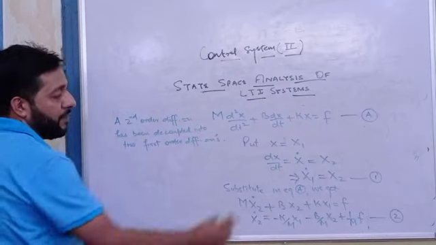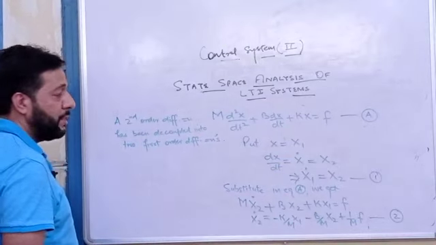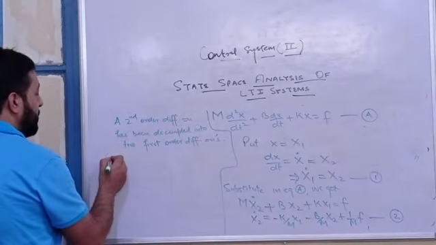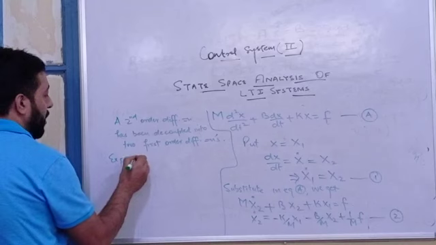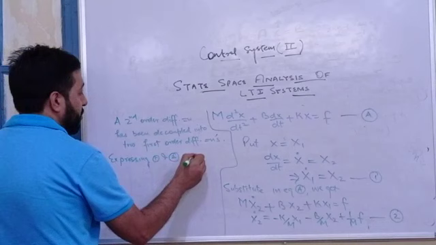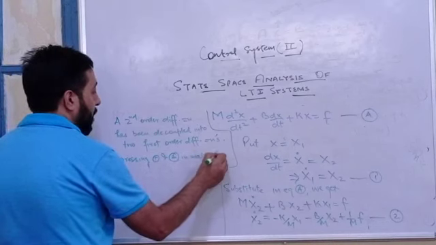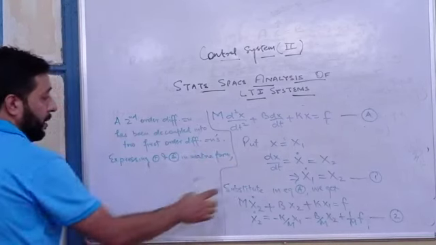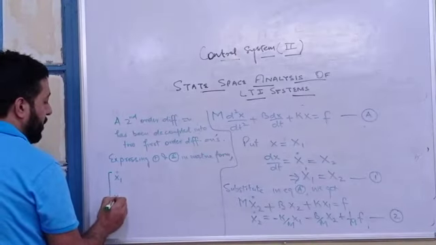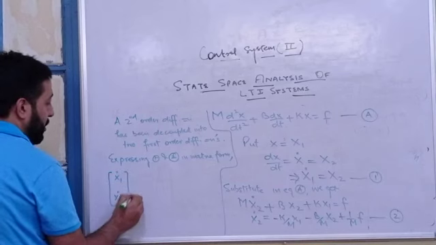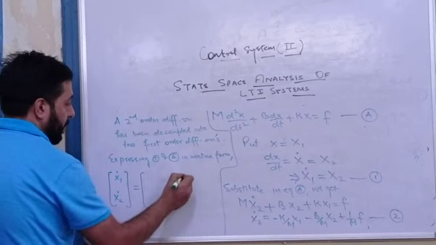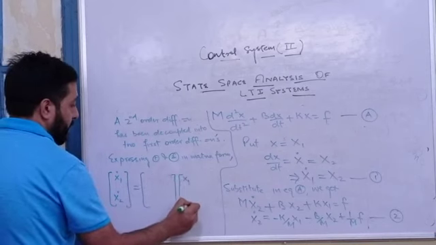Now, if I write these two equations, 1 and 2, in the form of matrices, in matrix format, expressing 1 and 2 in matrix form, what do I get? ये वाली equation. So I write like this: x1 dot, x2 dot is equal to, and x1, x2.